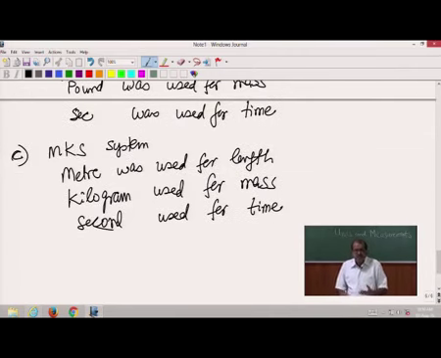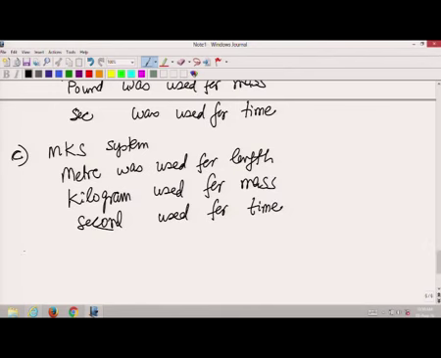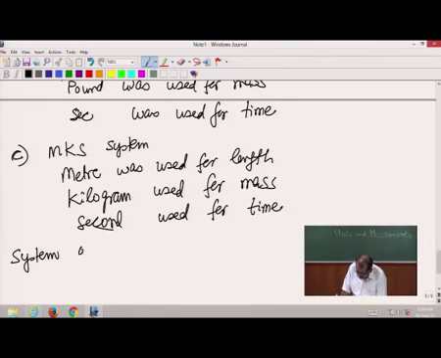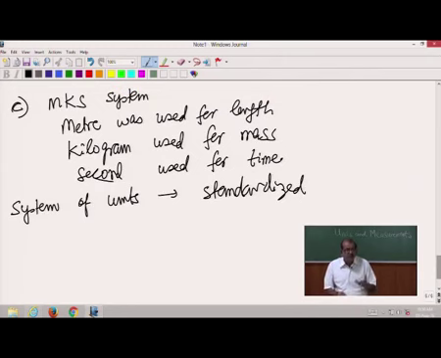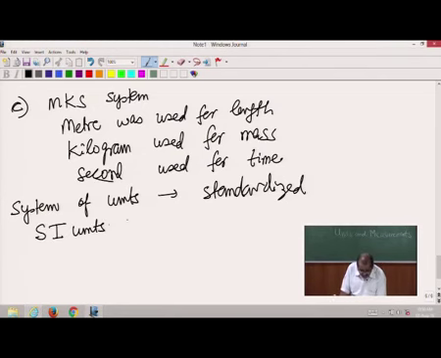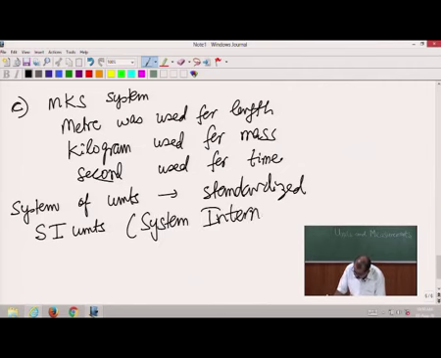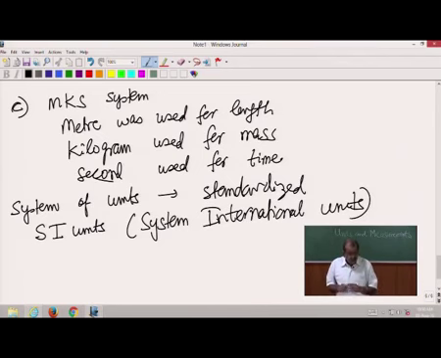Now, since the 1970s, the system of units which has been standardized in most parts of the world, I am saying most parts because some countries still use other units, is the SI units, or International System of Units.